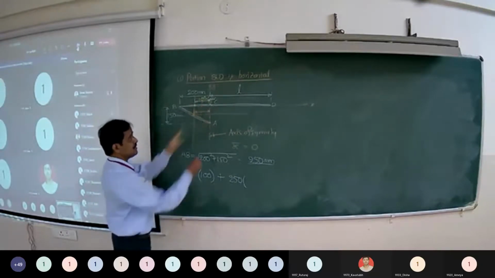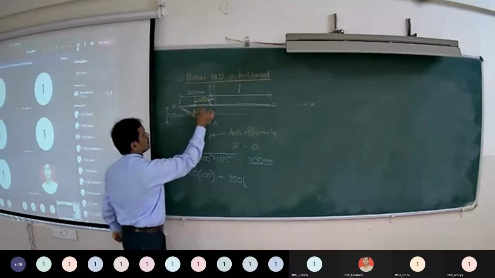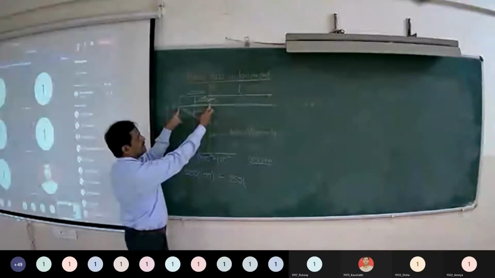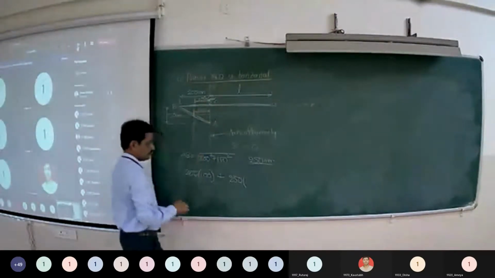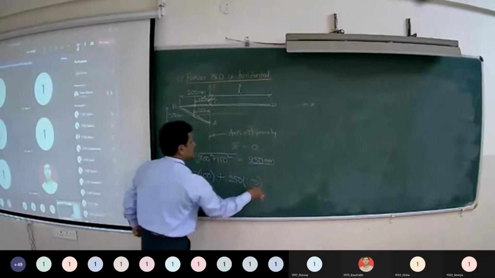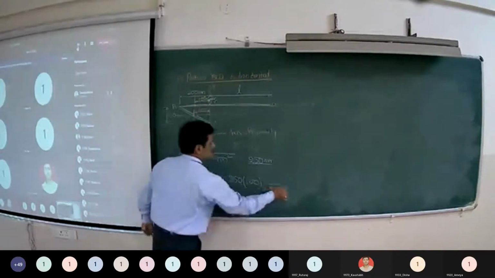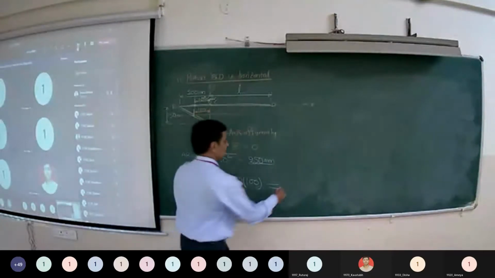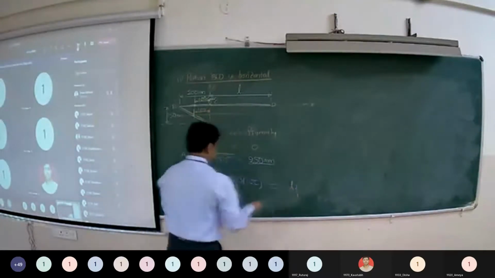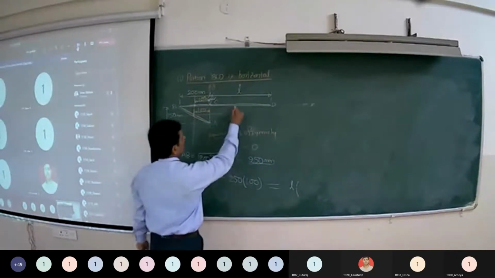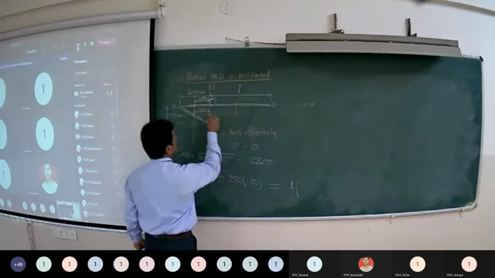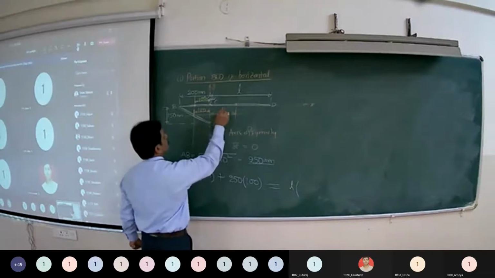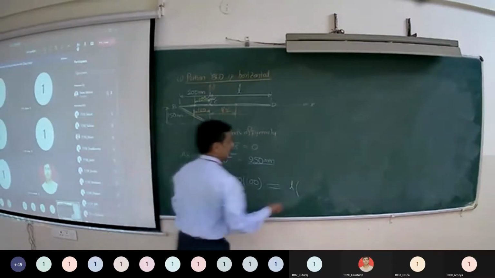That is nothing but 200 by 2, so it is 100. Is equal to, on the right hand side, length of line CD is L into distance of centroid from the vertical axis, L by 2.